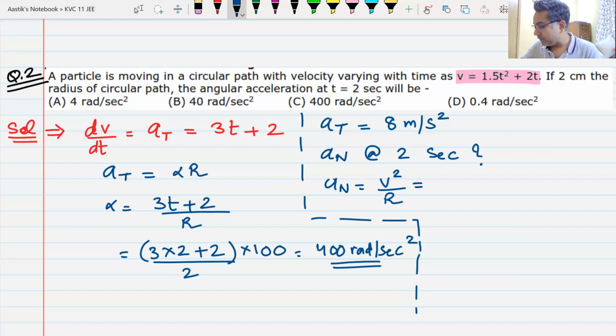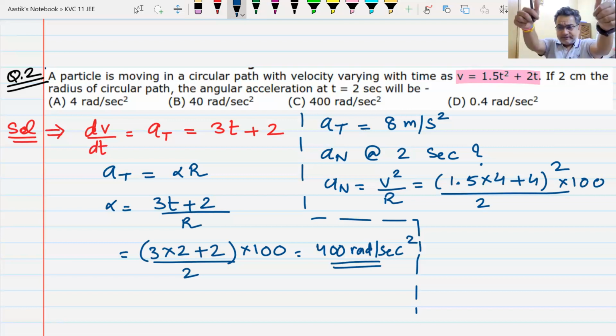You find the value of V at 2 seconds. So V at 2 seconds will be 1.5 into 4 plus 4, since 2 into 2 is 4, square divided by radius, which is 2 divided by 100. Do we understand this? Everyone?